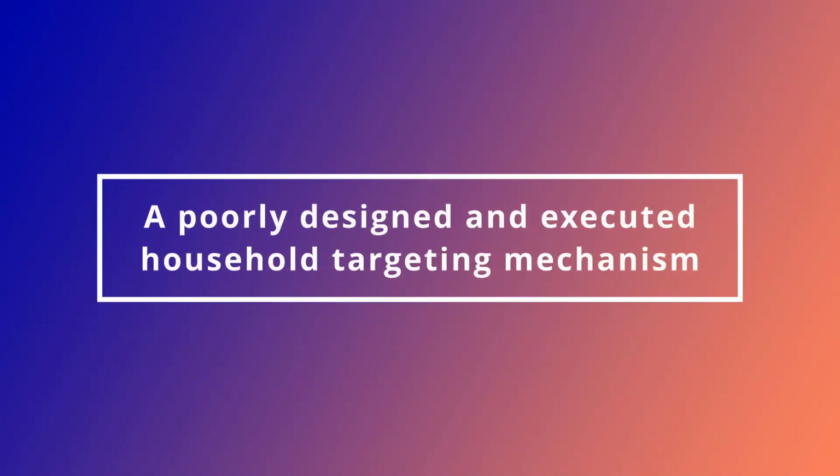They are not targeting themselves to access those schemes, and the household targeting mechanism is poorly designed and executed. We are focusing on employees, but not on their families, the households, and this is our main problem.